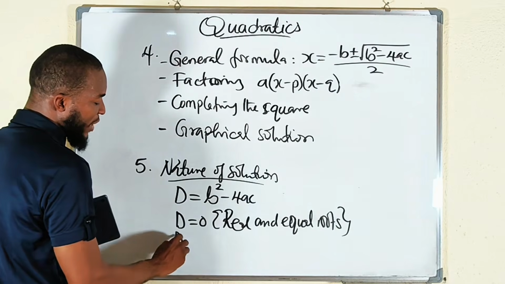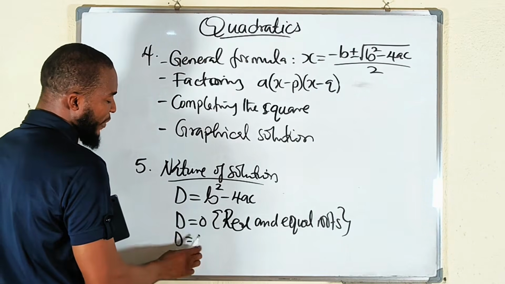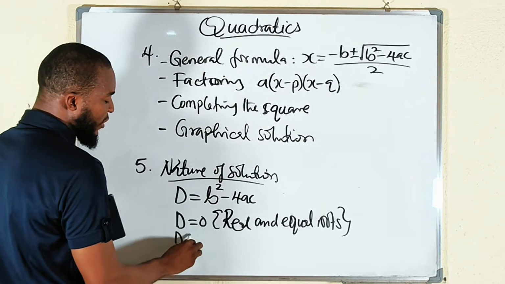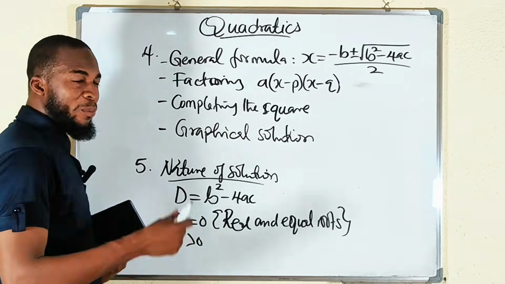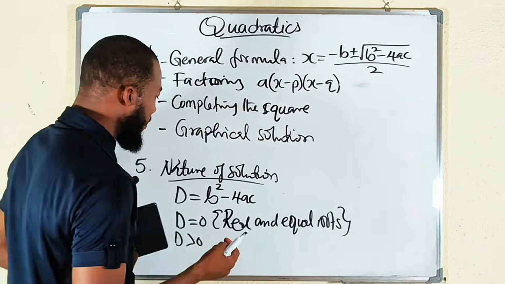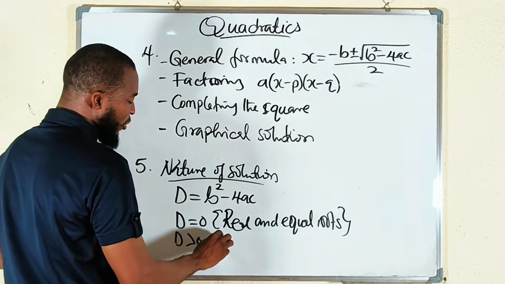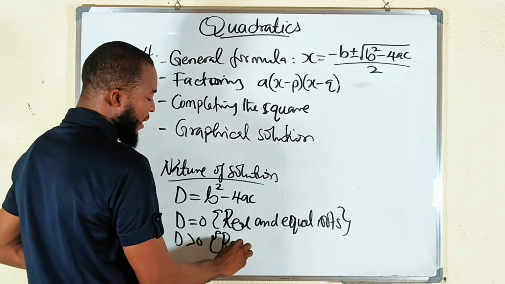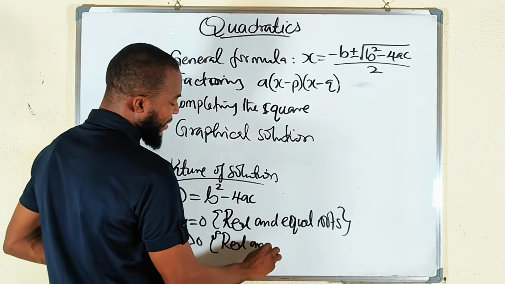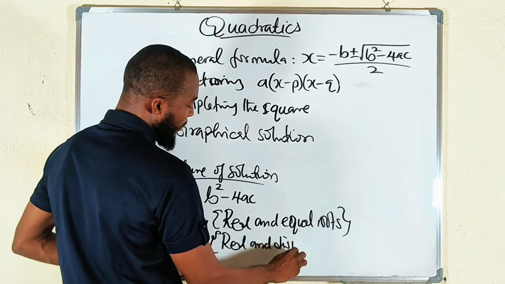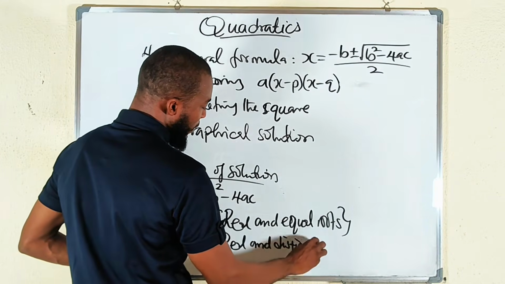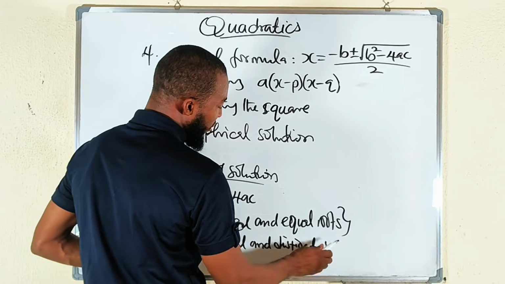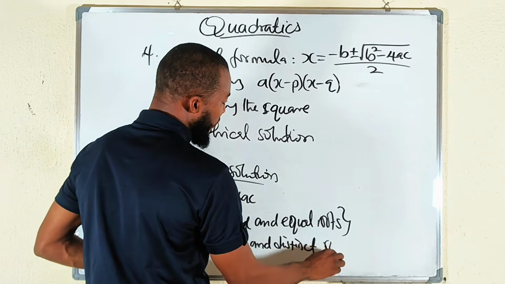Sometimes you may evaluate it and you realize a positive number, not 0 but greater than 0. In that situation, you're going to obtain two different solutions, real and distinct roots.